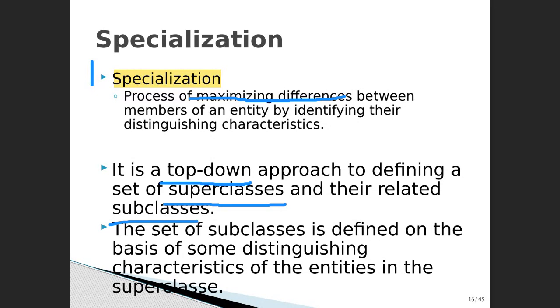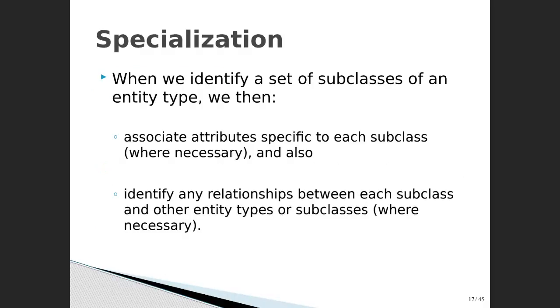So we start by defining the superclass, the staff, then we define all types of these subclasses. So there are some distinguishing characteristics of these entities in the superclasses. Sorry, let's just have a general term, and then we will continue next time.